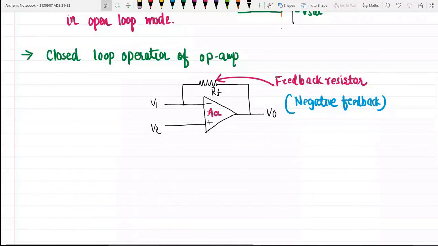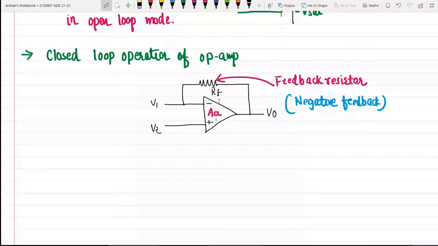By deciding the values of the feedback resistor and other components of the circuit, we will be able to get the desired value of closed loop gain. As I have told you, most linear circuits use the op amp in closed loop mode with negative feedback.